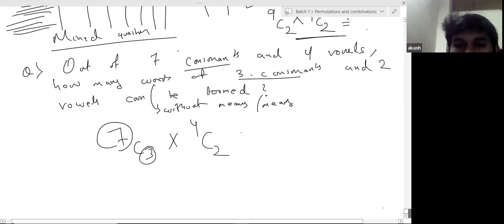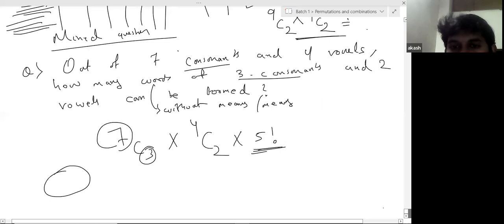So 4C2. So now we have chosen 5 letters out of 11. Now we have to arrange those 5 letters to create as many words as we can, and that would be 5 factorial. 5 letters, 5 factorial. So this part, Gautam, Shabya, you both are missing, right?